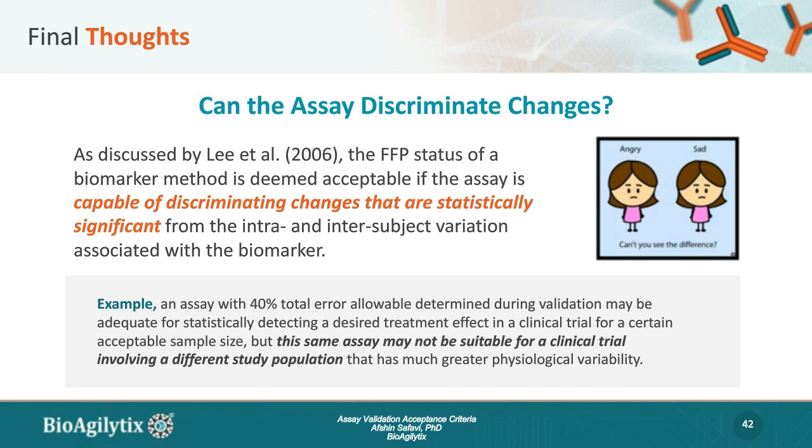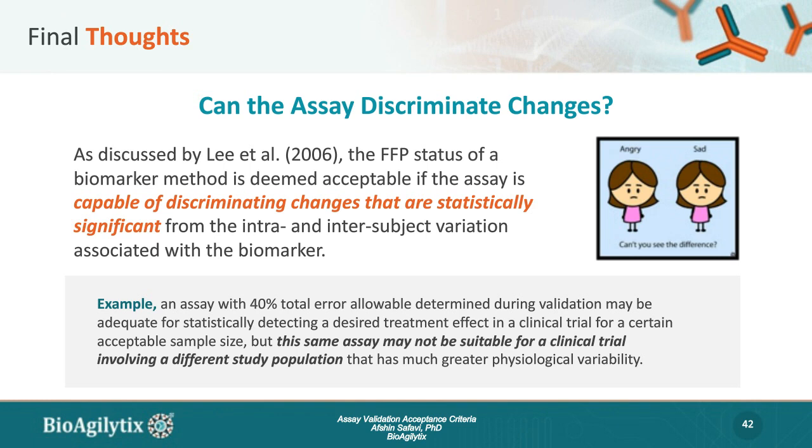If you are looking for a pre versus post change of, let's say, 300%, does it really matter if your total error is 20%, 40%, or 60%, or 80%? The reality is, at that 300% pre versus post dose, if you're running enough samples, you will see the changes.